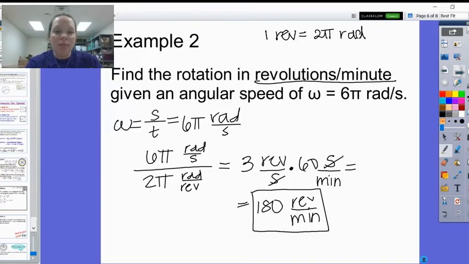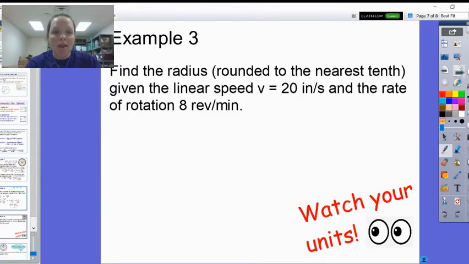Okay, example 3. Find the radius given a linear speed of v equals 20 inches per second, and the rate of rotation is 8 revolutions per minute. Okay, so we're working backward here to calculate the radius given the linear speed and the rate of rotation.